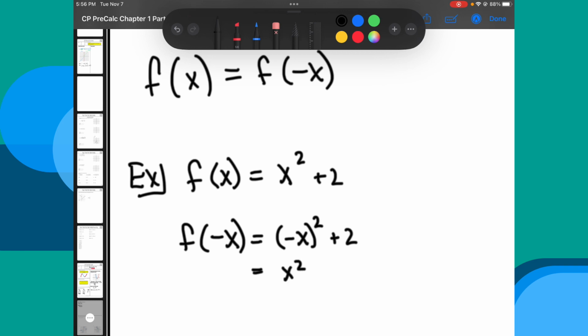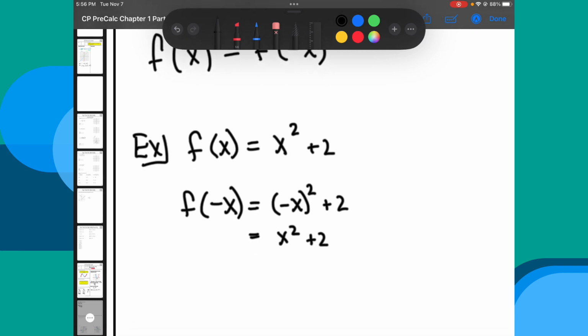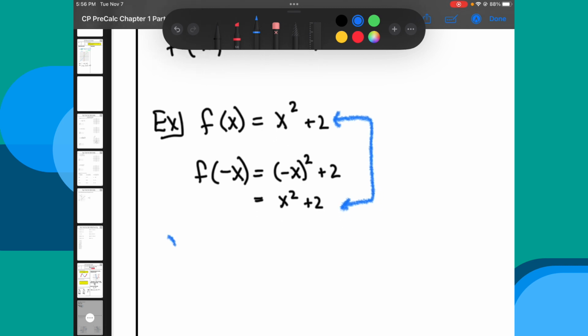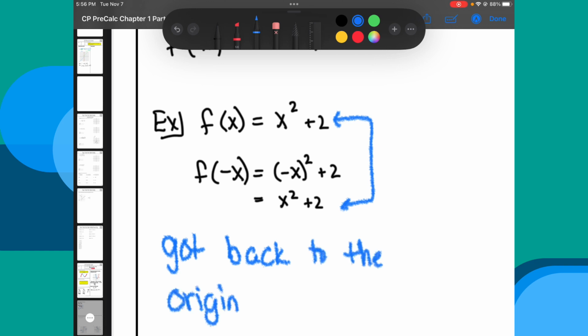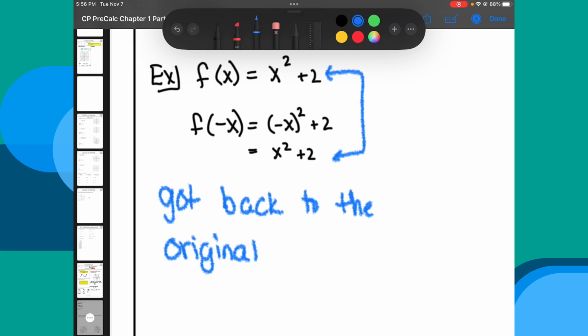We get x squared plus 2. Because these two things are equal and we got back to the original function, the original function is even.